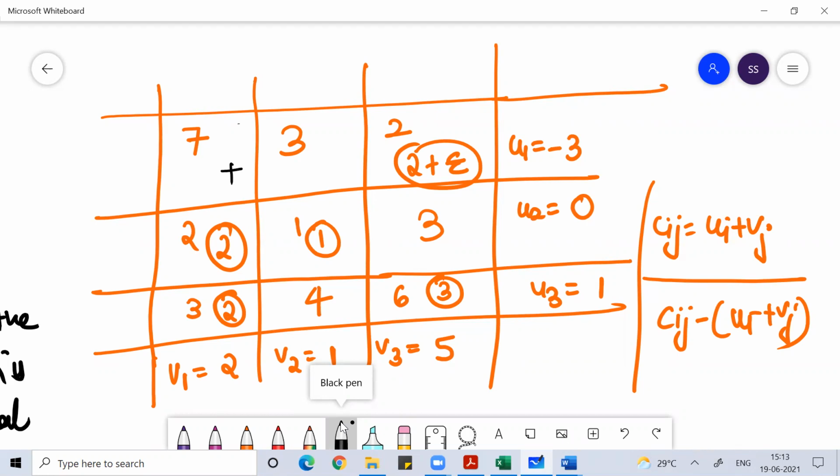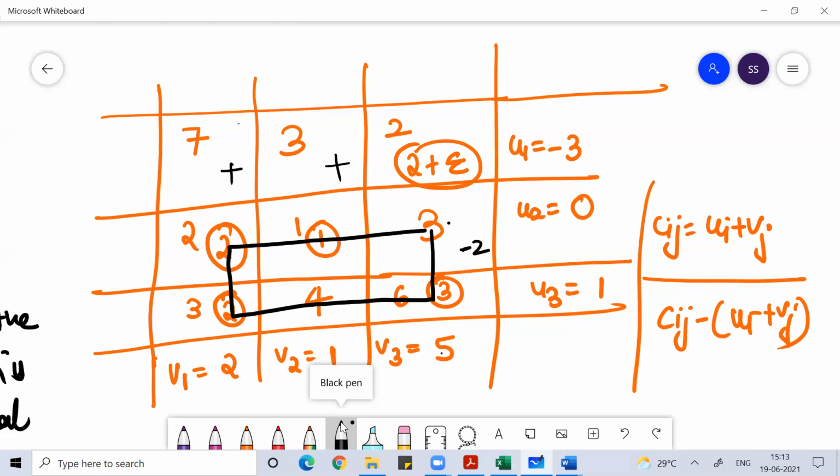So 3 minus minus 2 is plus. Then this is 5, this is minus 2, 3 minus 5 is negative. Still you get a negative value here. Now again we'll create the loop. This time when we create the loop, make the loop like this.